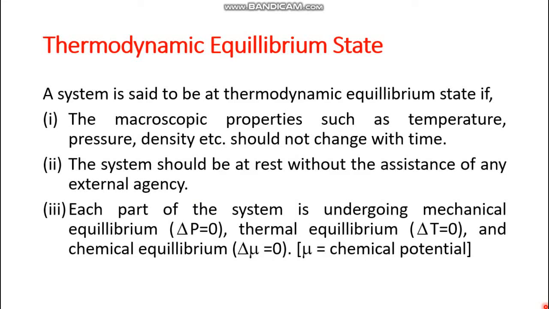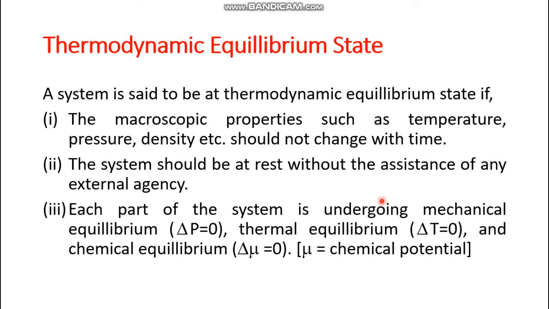So that level of water is at equilibrium. And why is it at equilibrium? Because the level is at rest, it is not changing, and you are not applying any kind of external force. That means you are not assisting the system by any kind of external agency. So the system should be at rest without the assistance of any external agency.